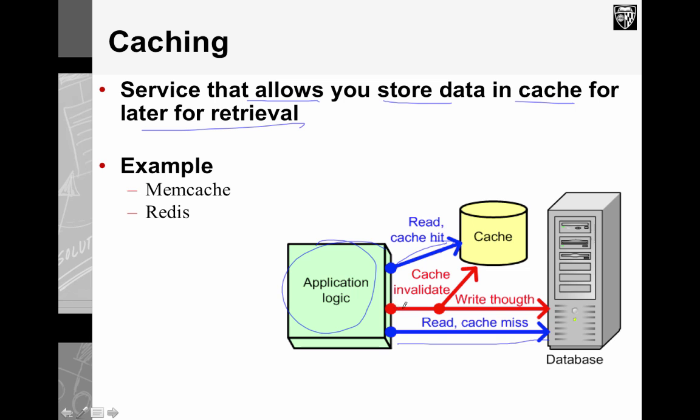And then you would go back to the original database, to the original source, only if the cache is invalidated or the cache has timed out. There are several services that are available that allow you to do caching. For example, Memcache and Redis are classic examples of caching services that may be needed for an application server.